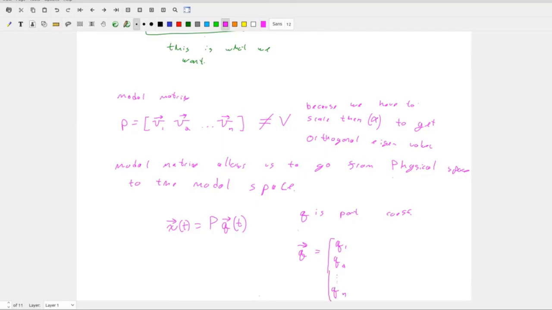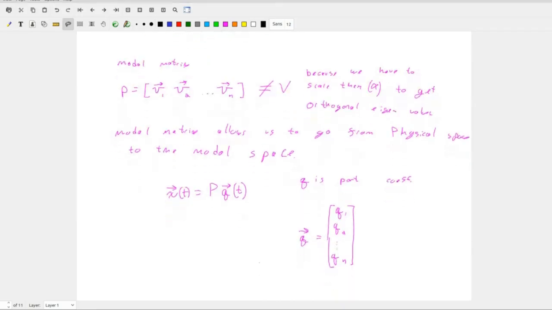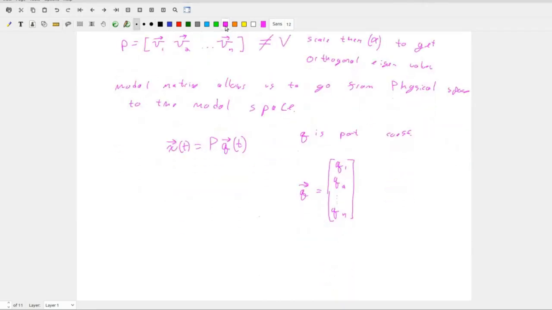Does that make sense? So yeah, you're absolutely correct. The Q up above was individual components, and this Q is a vector. You see why I'm going with the arrows? Yeah, or this would be a disaster.